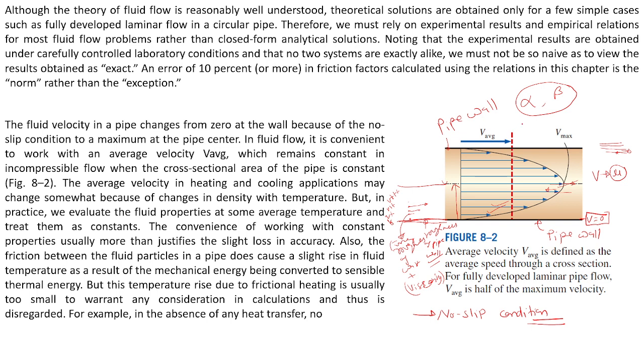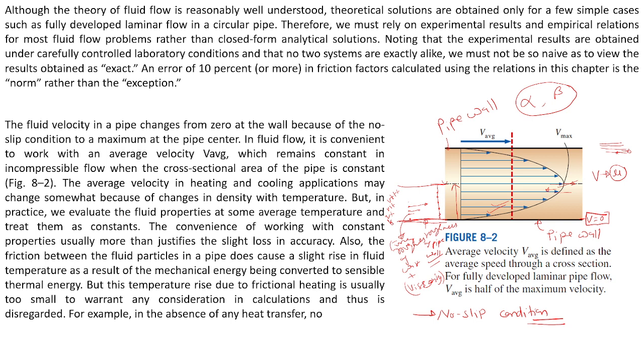Using these correction factors, we always use the average, because if you analyze at each and every point, there are millions of points, or more than millions you can say.